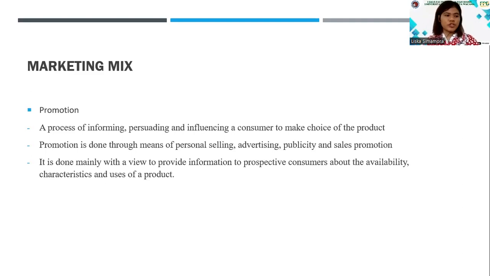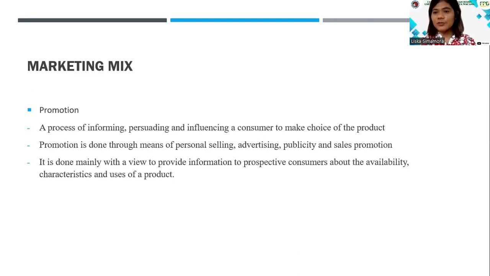And then promotion. So promotion is a process of informing, persuading, and influencing. When we want to promote our product, it means the content of our communication in that promotion is that we have to inform the customer that we have such kind of product.